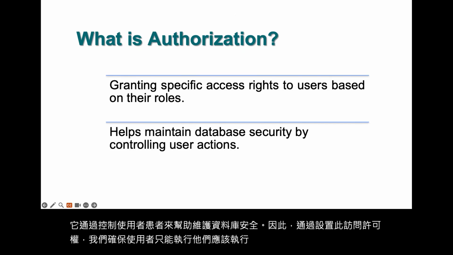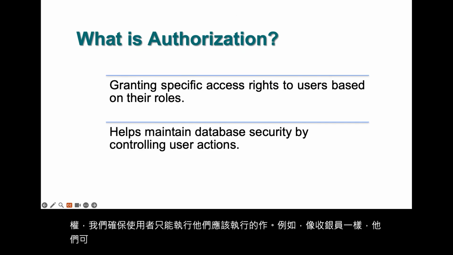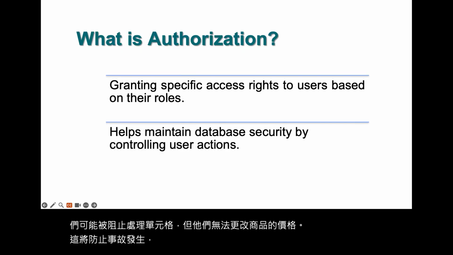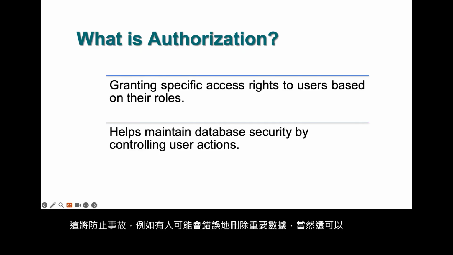For example, a cashier might be allowed to process sales, but they cannot change the prices of the items. This will prevent accidents, like someone deleting important data by mistake, and of course stop malicious actions, like hackers trying to steal or corrupt the data.